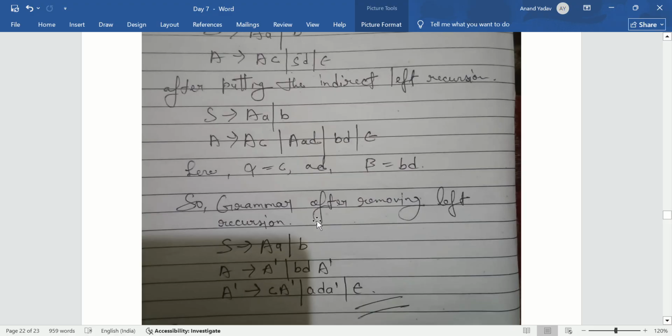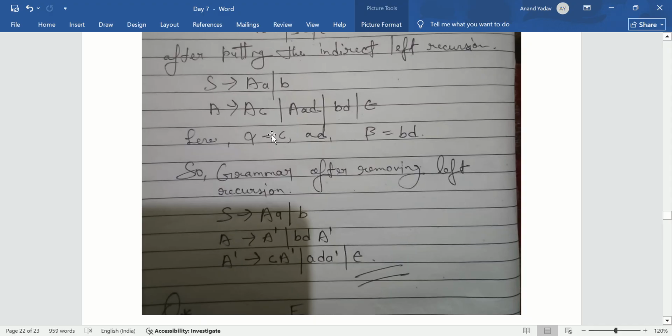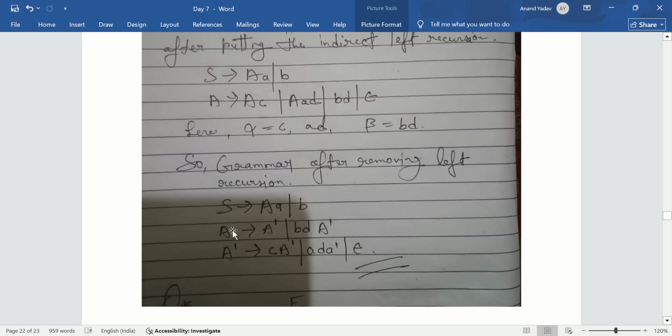So now the grammar after removing left recursion. First we put S goes to A and b, and then A put A dash and B dash, which one is terminal, BD and A dash, this is the next step production.